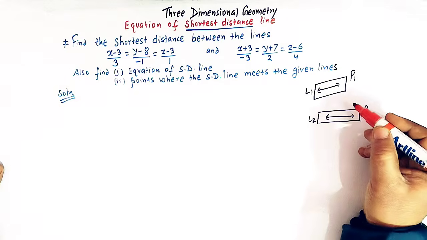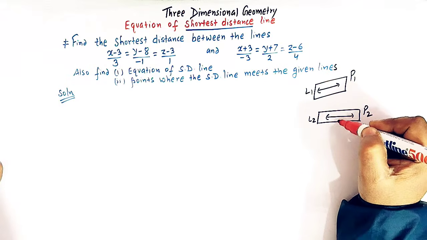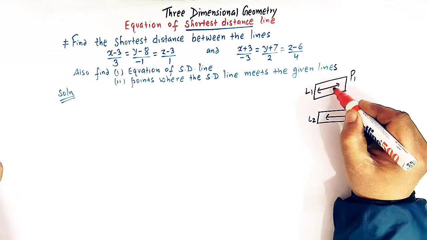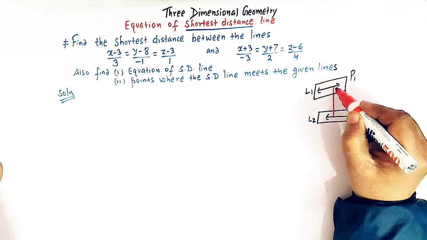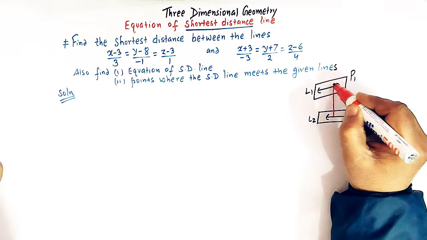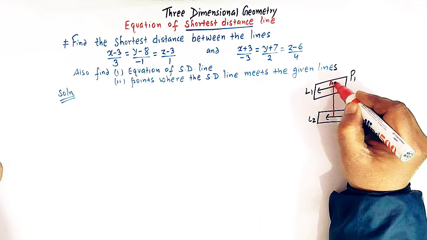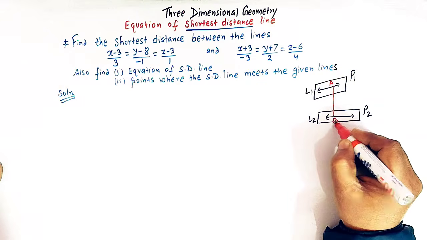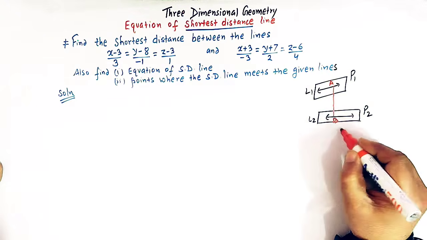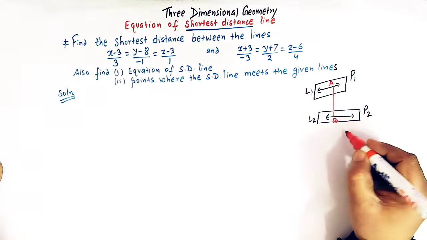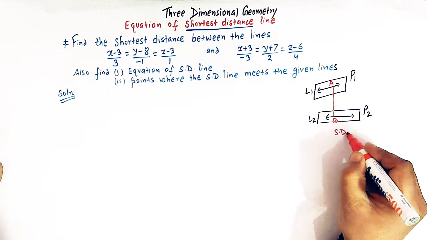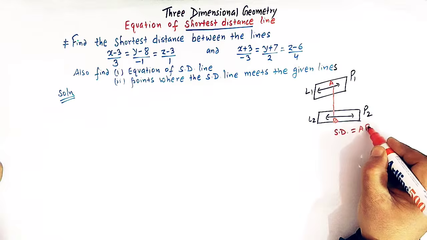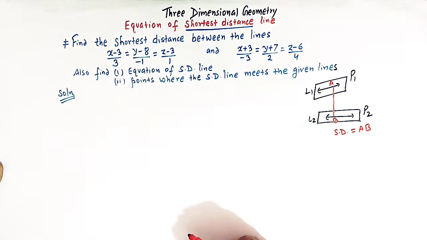Now the shortest distance between these two lines L1 and L2 is given by a line which is perpendicular to both the lines. Suppose this is the point A, this is the point B, then this line segment AB is known as the shortest distance between the two lines L1 and L2.